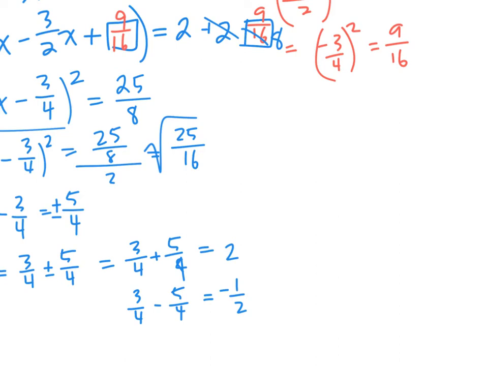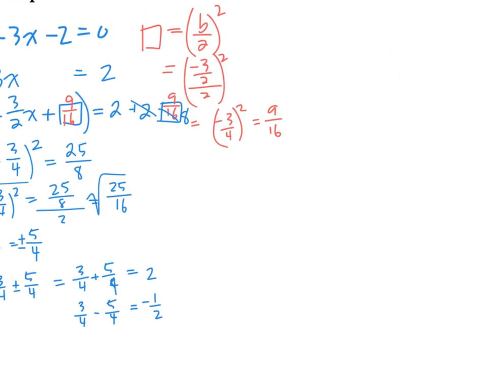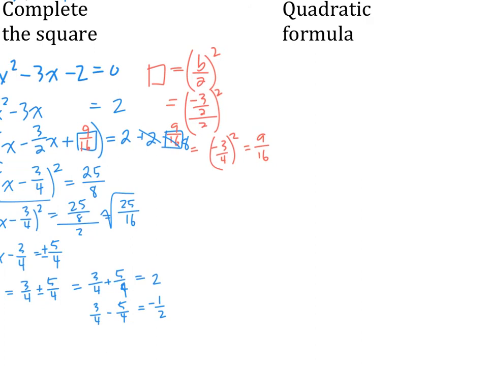The last technique we learned last year, or we reviewed last year, was the quadratic formula. How many people remember the quadratic formula? Okay, all right, good. So that is a formula to solve x.